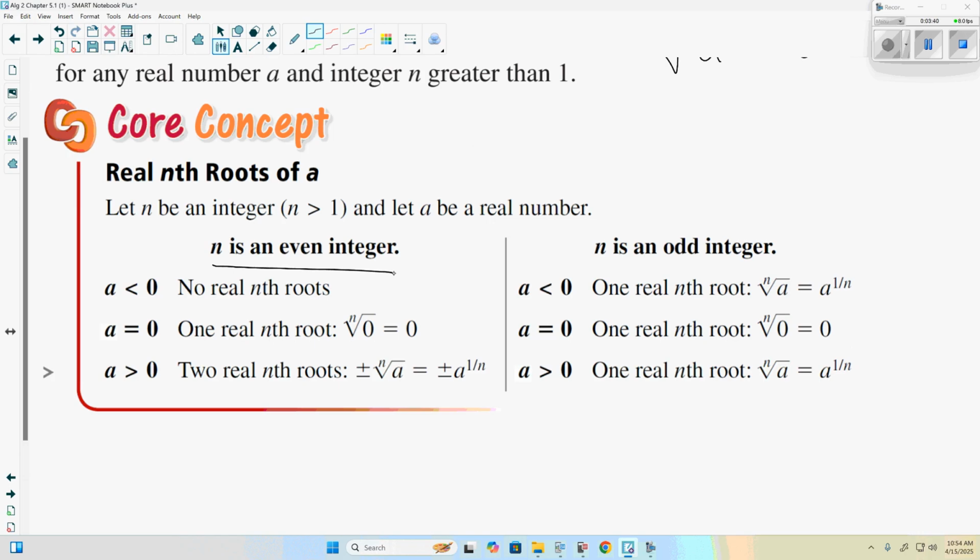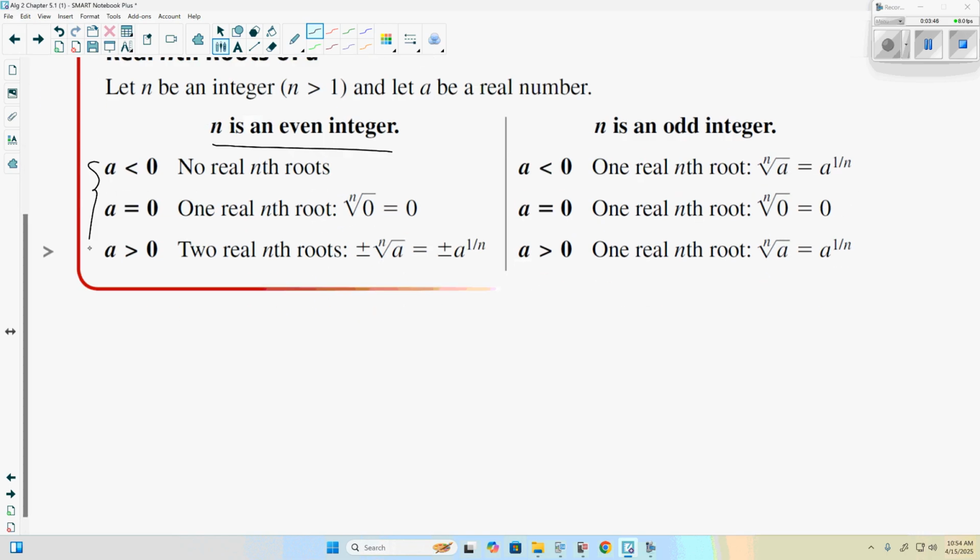If we're taking an even root of a number, we have 3 possible outcomes. So we're taking an even root, so the number in the index is even. Now if a is less than 0, it means the value of a is negative, say taking the square root of -4 or the square root of -8.